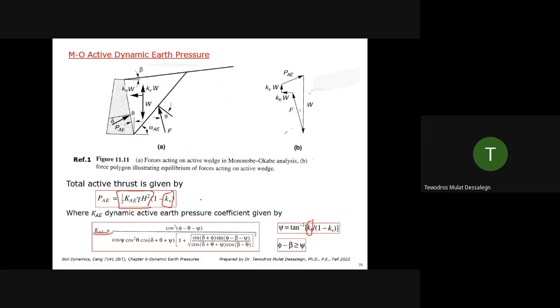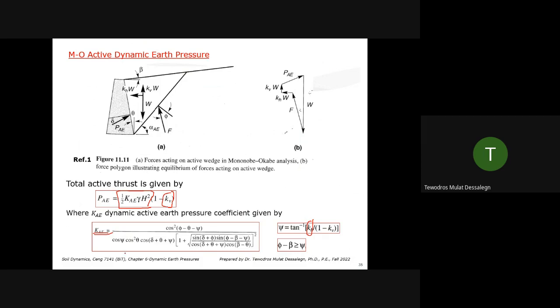Now we are introducing that KAE is modified. You see this phi angle contains the seismic coefficient, arctan of KH over (1 minus KV). So KH and KV are the seismic coefficients, those single accelerations we pick. So it's just a direct extension of the Coulomb theory by incorporating seismic accelerations.